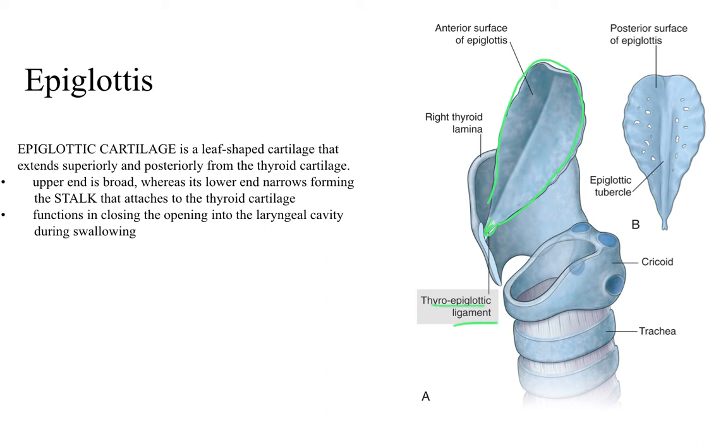So there's a really small ligament attached to the thyroid cartilage, and its job then is to fold downwards during the process of swallowing so that the opening to the airway is closed off and food is directed down into those pharyngeal recesses and then down into the esophagus instead of into the airway. And so the hole right here into the airway is called the glottis. So the epiglottis would sit on top of the glottis, which is where its name comes from.